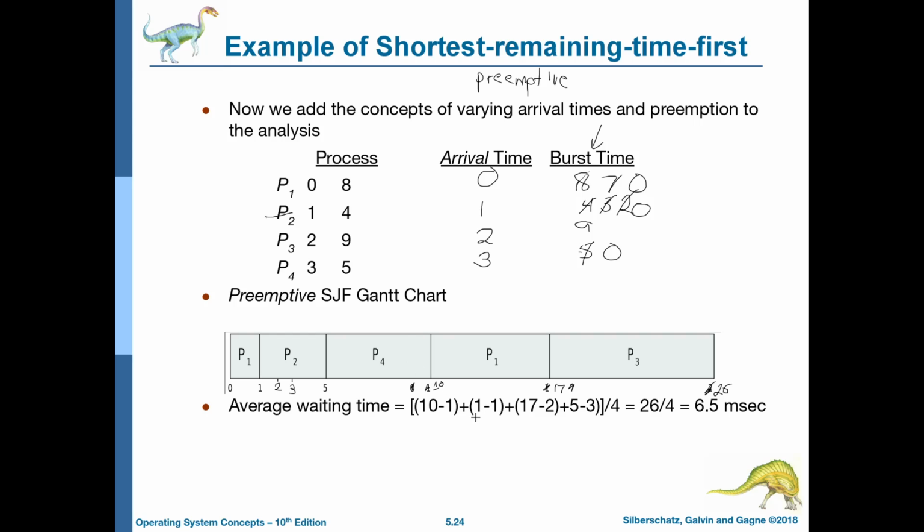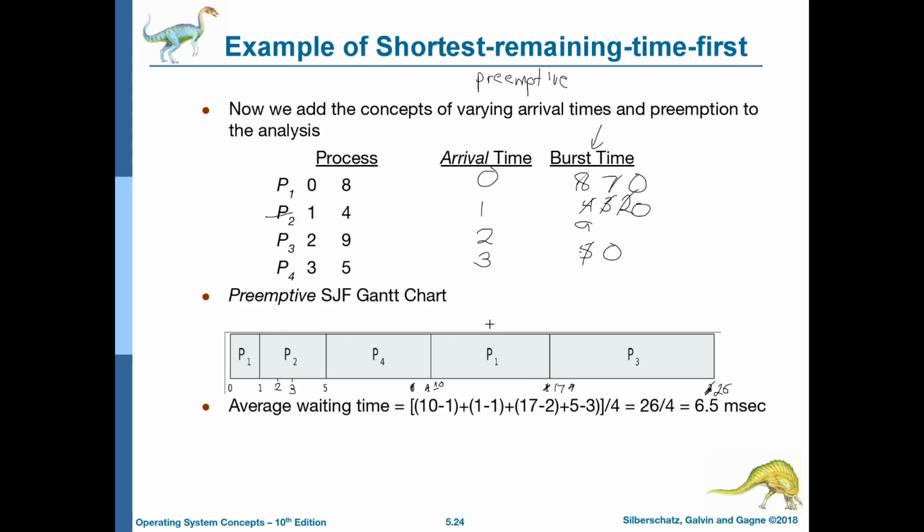Process 2 waited from its start time, which was 1, and it actually got to execute right after its initialized time, so its wait time was 0. Process 3, on the other hand, was submitted at 2, but it started at 17.